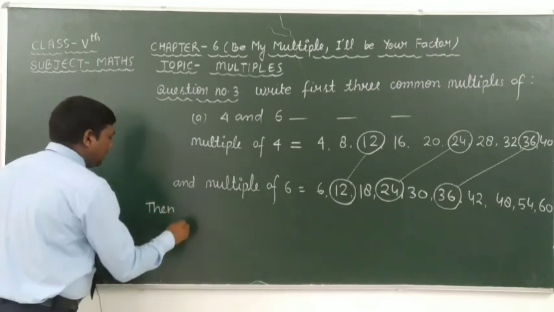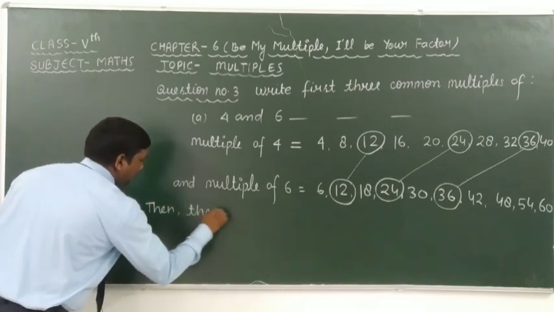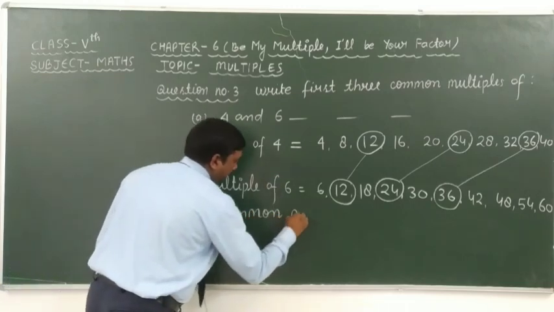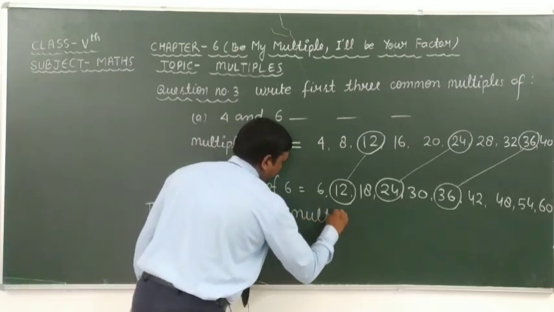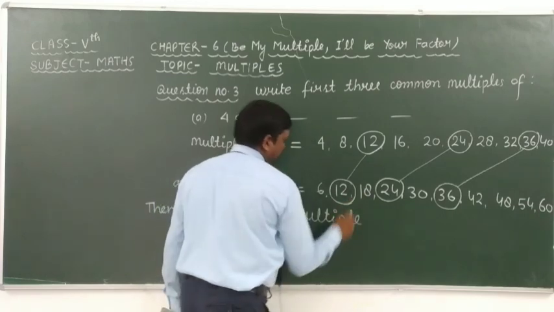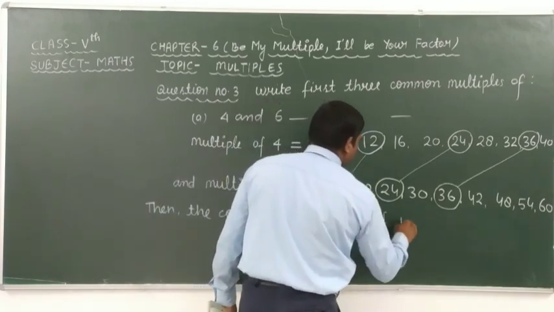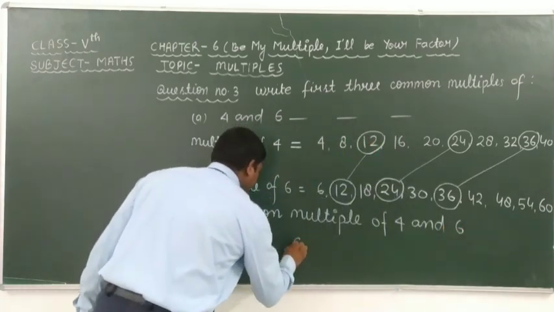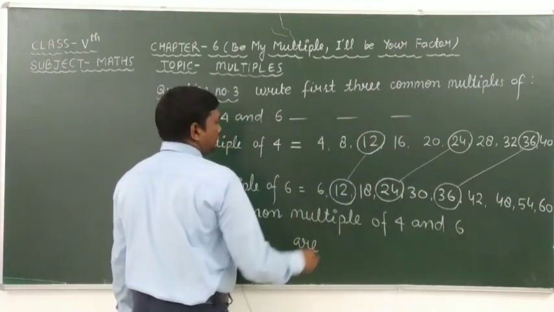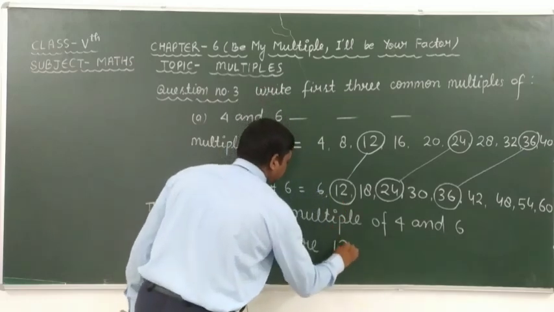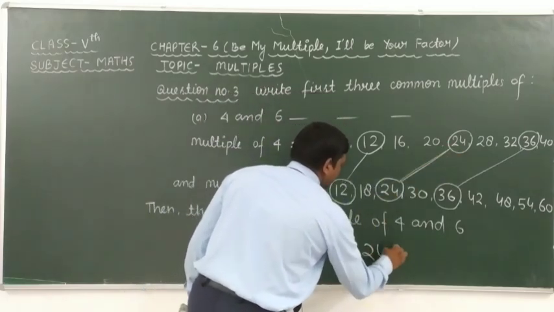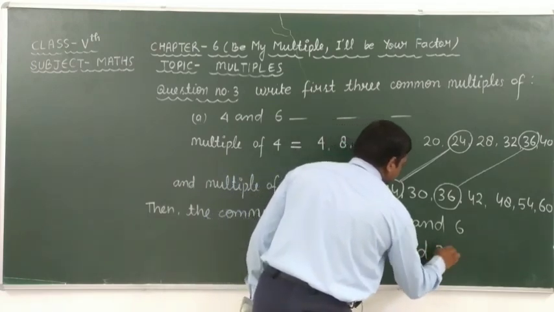Okay, then the common multiples of 4 and 6 are 12, 24 and 36.